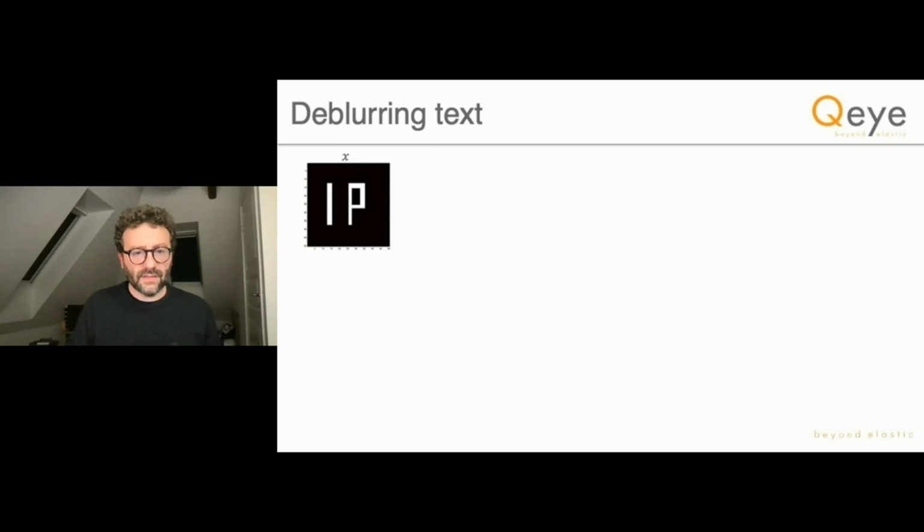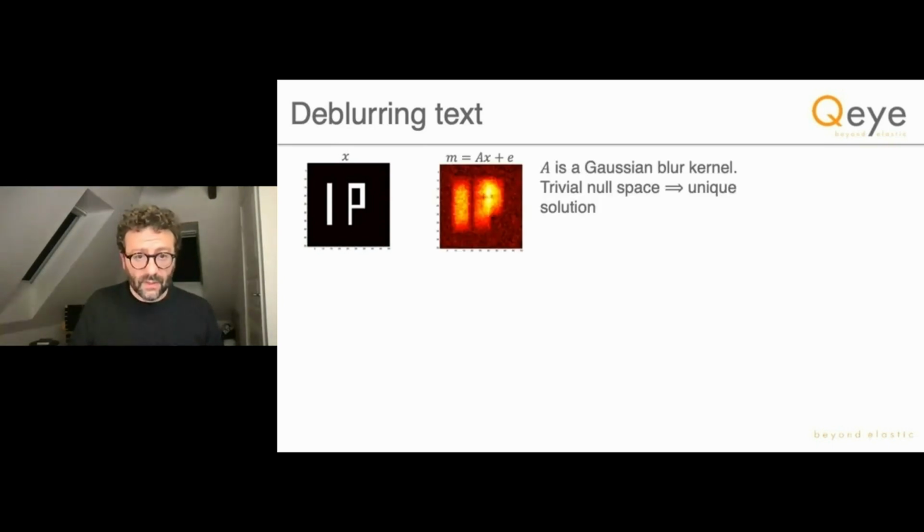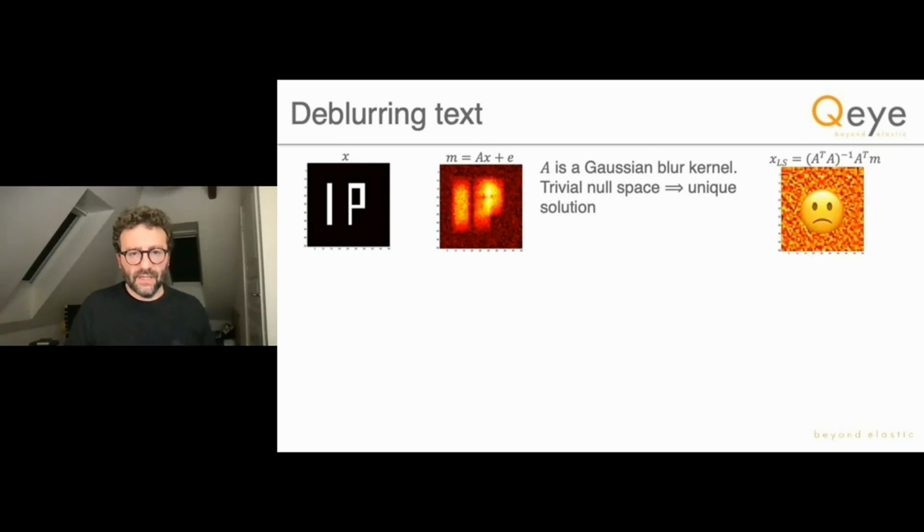The letters are formed by these structures of binary values representing black and white. We then have some imperfect measurement that is contaminated by noise, which we can model as a Gaussian blur. Despite being very simple and linear with only one solution in a noise-free case, it is ill-conditioned. So it's difficult to solve when there's noise.